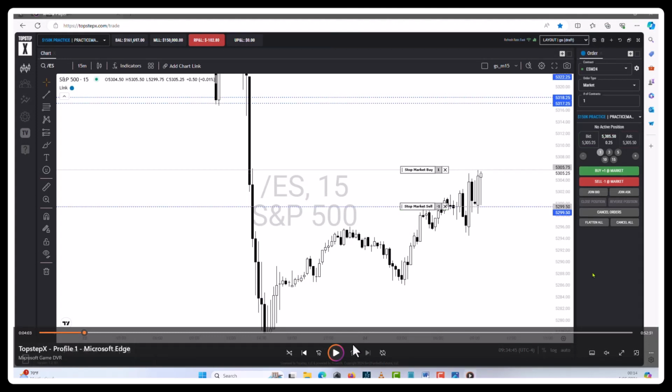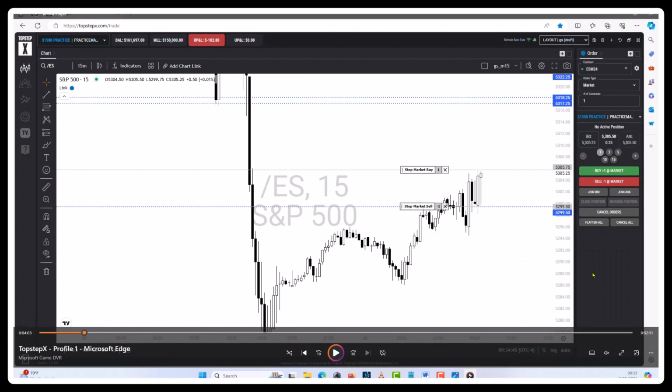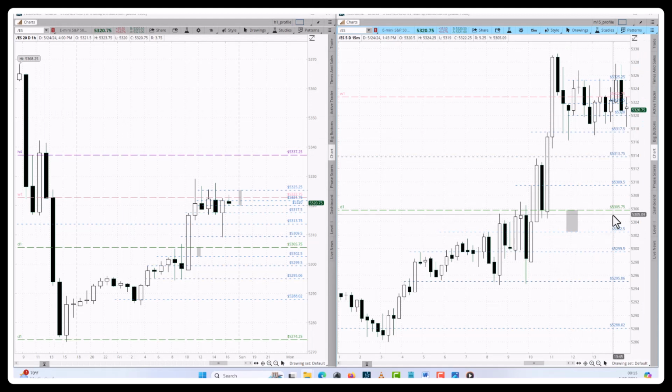Alright, you see what we do right here? Basically, we put a buy stop here and a sell stop here. We put a sell stop at the 2999 level and the buy stop at 3005.